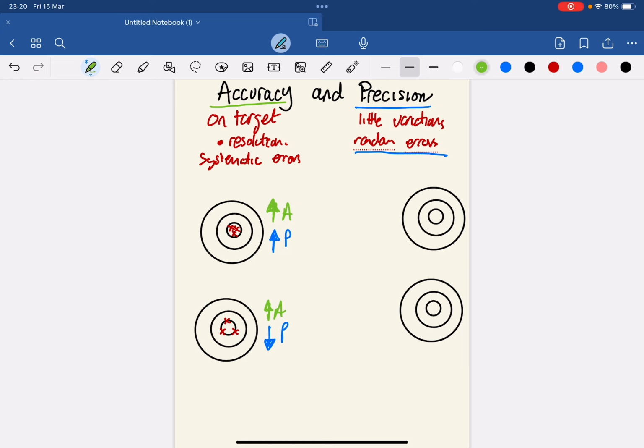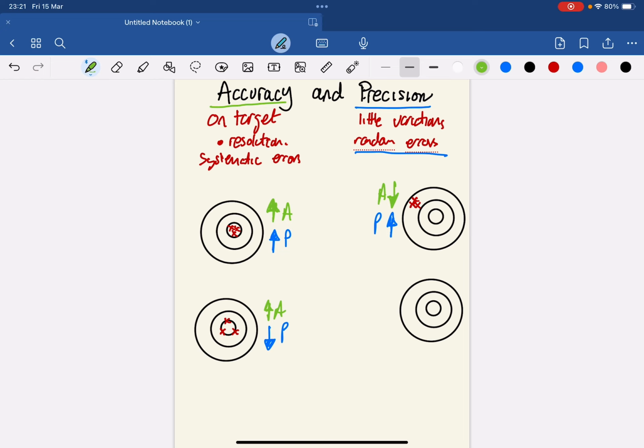Now let's have a look at a practical that is not very accurate, but the data is really precise. Our results for this will be way off target, way away from the bull, but they're going to be close together. So you can see they're close together in this scenario, but they're not on the bullseye.